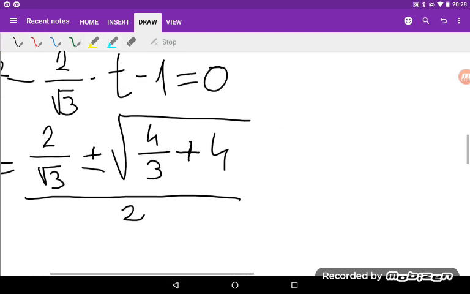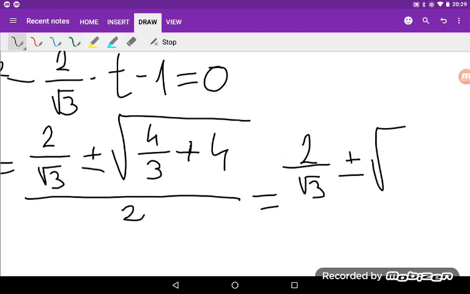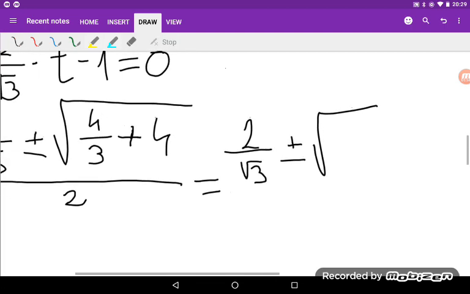Okay, so now this will be 2 over square root of 3 plus minus, now this will be 4 over 3 plus, and this will be 12 over 3, so that's 16 over 3.